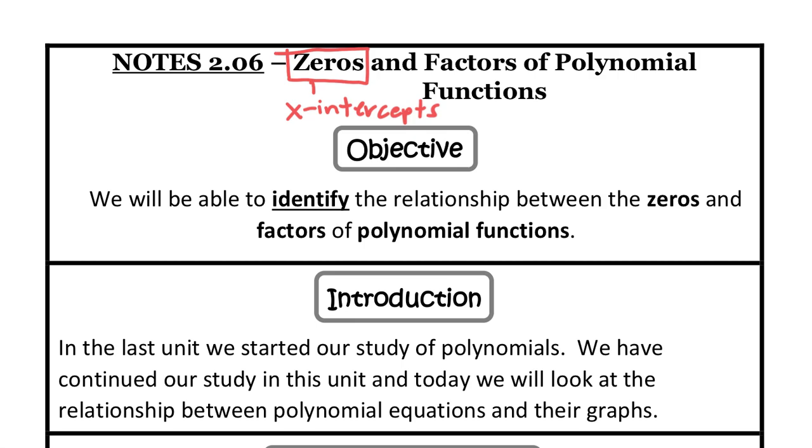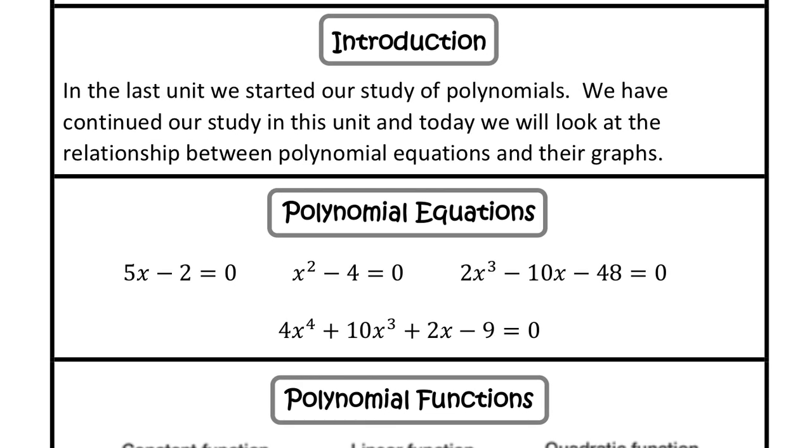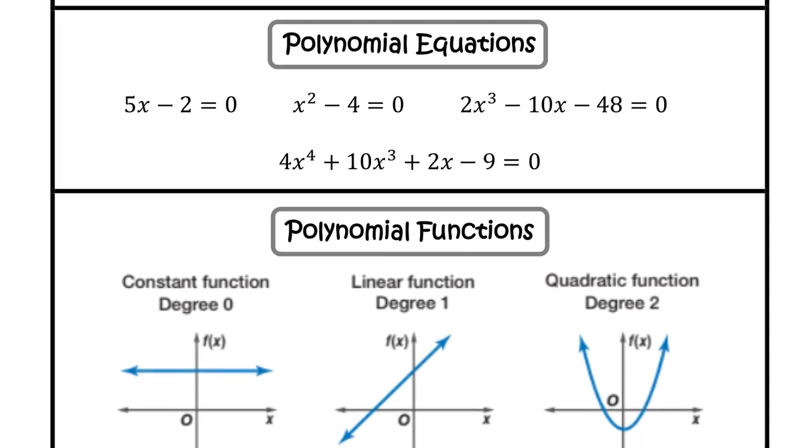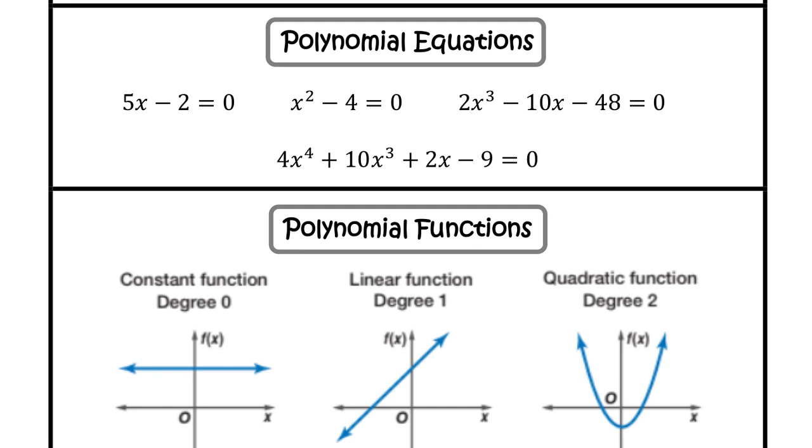Okay, so let me scroll up here. So the introduction: in the last unit we started our study of polynomials. We have continued our study in this unit, and today we will look at the relationship between polynomial equations and their graphs. So below here we have some equations. And the difference that we're talking about, we're saying the word equations.